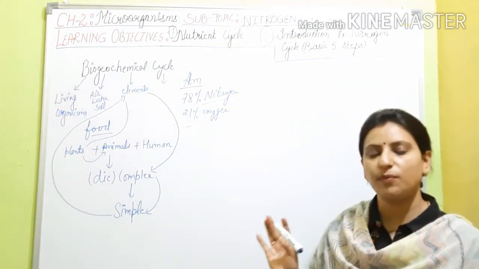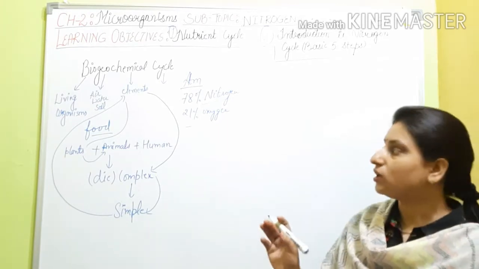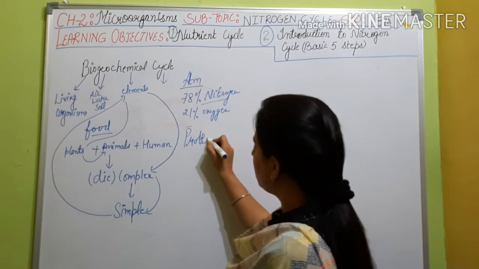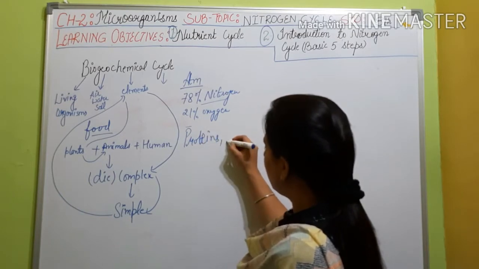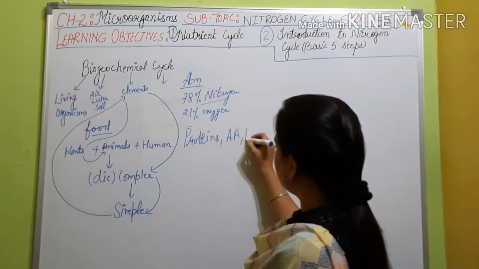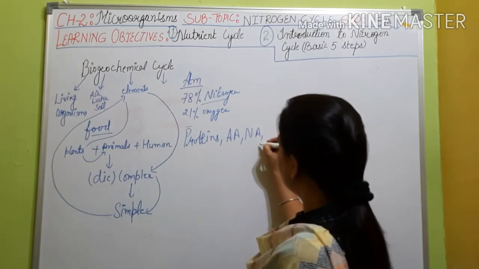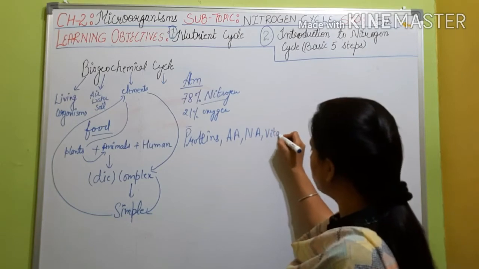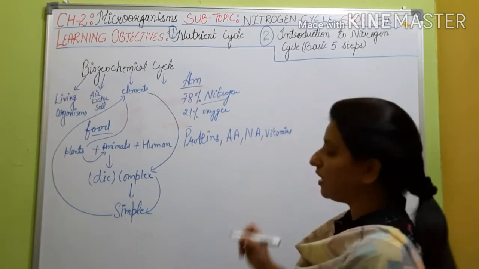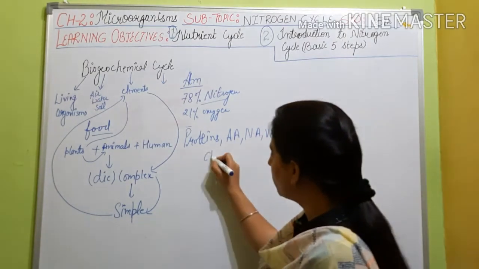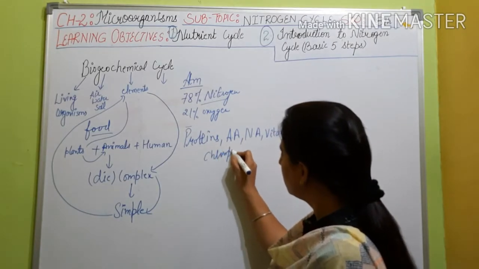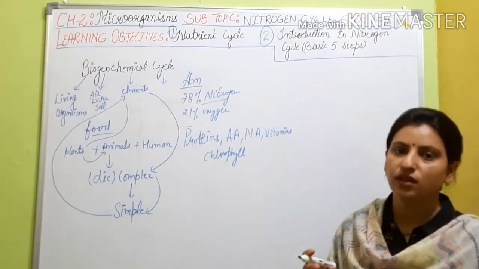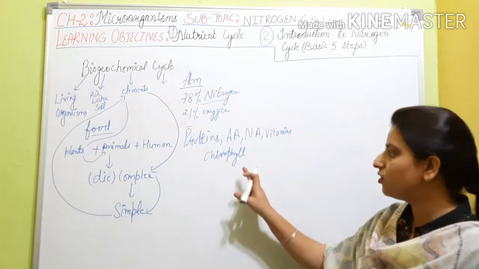This nitrogen is very important for the growth of our body, because with the help of nitrogen, the proteins, the bodybuilding food, are formed, then amino acids are formed, then nucleic acids are formed, then some vitamins are also formed, and in case of plants, chlorophyll, which is the backbone of photosynthesis, is formed.